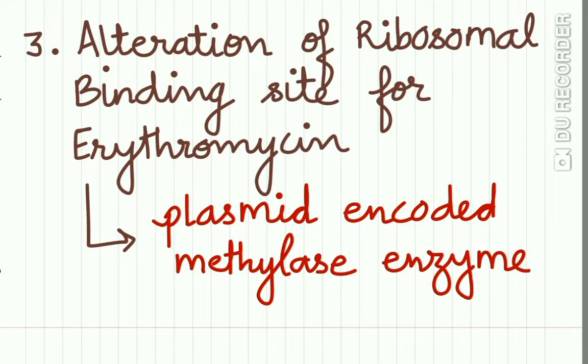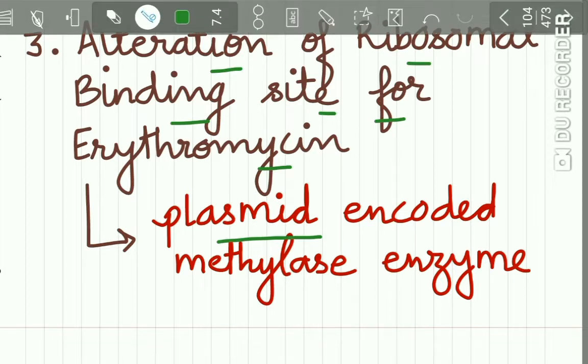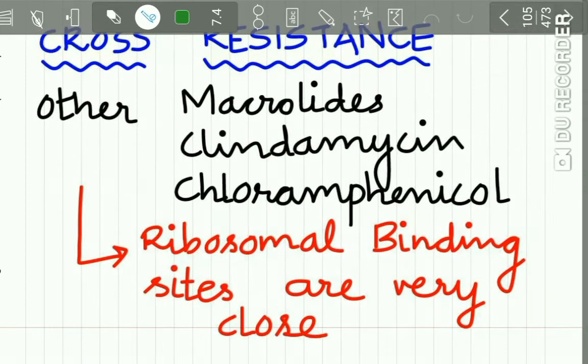And thirdly, the mechanism for developing resistance is alteration of the ribosomal binding site for erythromycin. This alteration is mediated by a plasmid encoded methylase enzyme. So, these are the three mechanisms of resistance development to erythromycin.